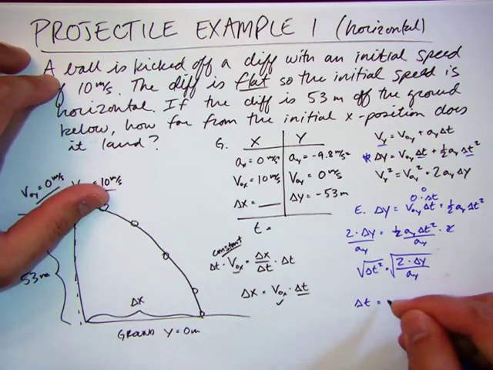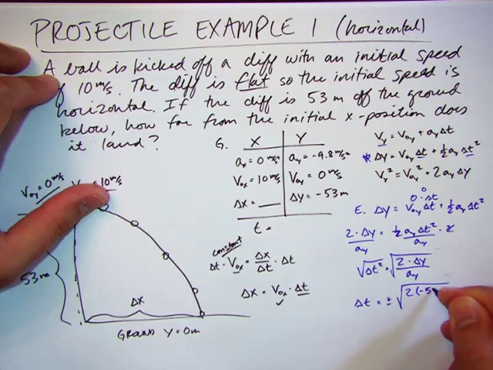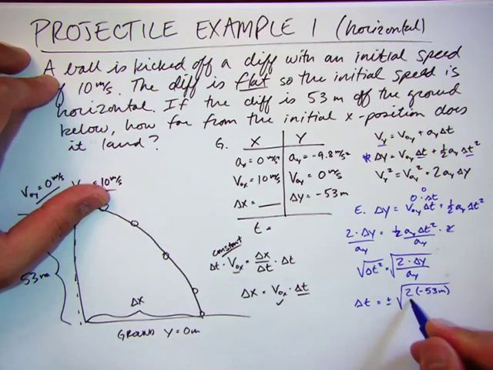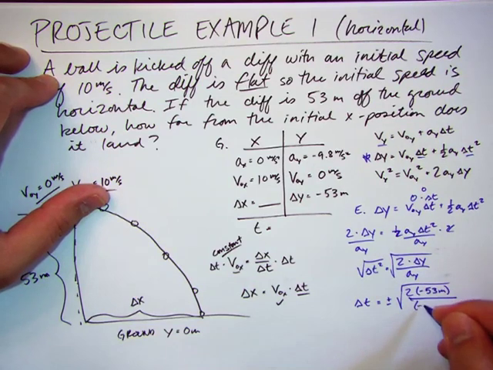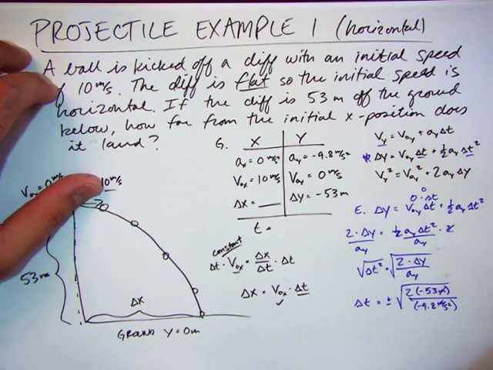So delta t is going to be my plus or minus square root of 2 times delta y, which is negative 53 meters, over ay, which is negative 9.8 meters per second squared. So the meters cancel, the seconds squareds go to the top, so I have square root of seconds squared, which will be seconds, which is good, which fits.